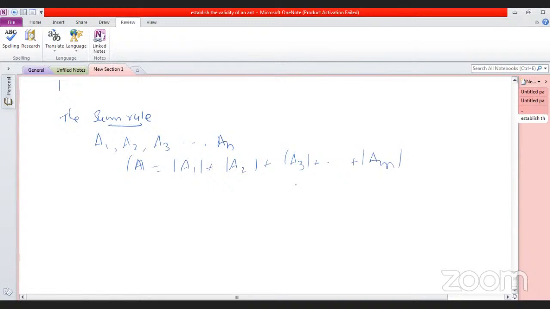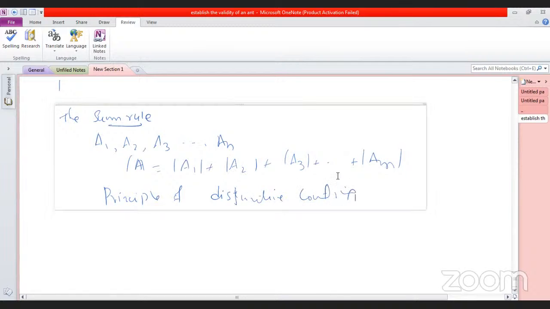We call this the sum rule, which is known as the principle of disjunctive counting.